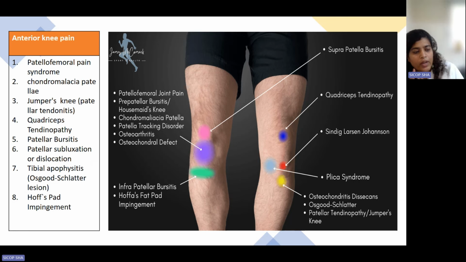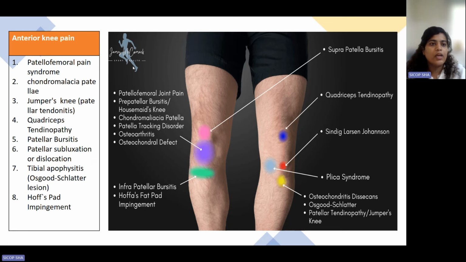For example, retropatellar or peripatellar pain suggests the patellofemoral joint. Lateral pain localized to the lateral femoral condyle suggests IT band syndrome, and inferior patellar pain implicates the patellar tendon or infrapatellar fat pad syndrome.